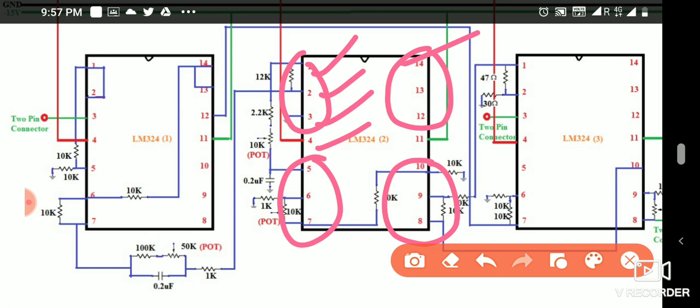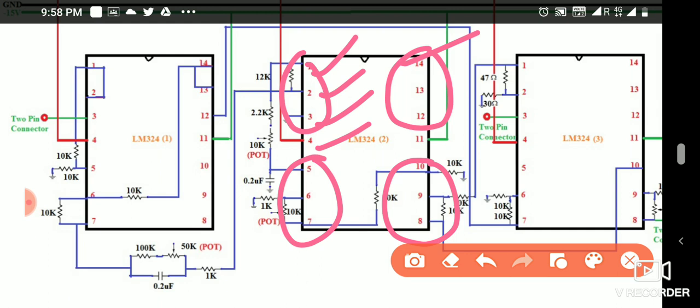That is the op-amp based circuit we designed, and then finally we go to the ICs, and this is the IC LM324, where 4 op-amps are available. Pin number 4 is plus and number 11 is minus. This way we will have to design and connect all the circuits.